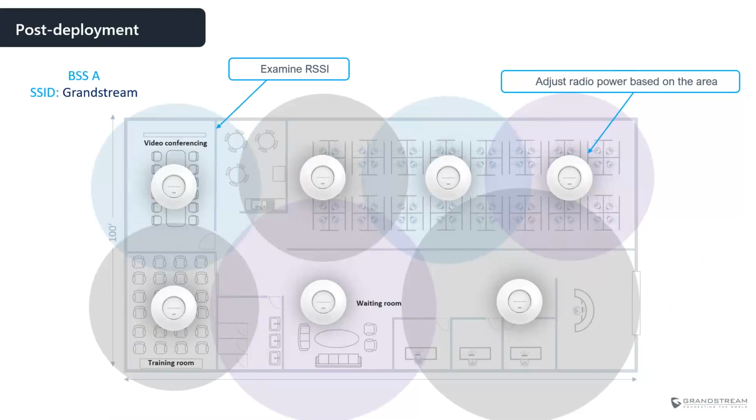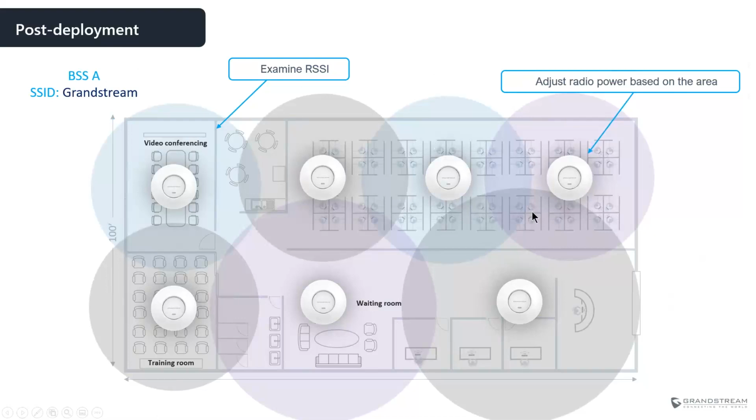So when you reduce the radio power of the access points, another thing that you need to check is the RSSI. You always want to have an RSSI that is no less than minus 70 dBm. So every time you reach an area where you have an RSSI of minus 70 dBm, you want to have another access point that provides a better RSSI, maybe minus 65 or minus 68.